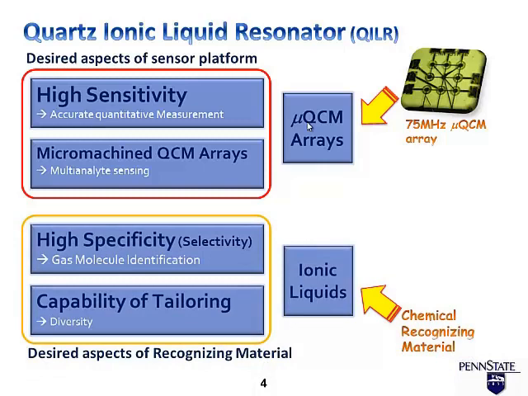On top of that, we investigated room temperature ionic liquids as a chemical recognizing material to achieve high selectivity, and also to utilize the capability of tailoring the components of ionic liquids, the anions and cations, to provide synthetic flexibility to make the desired recognition layers.